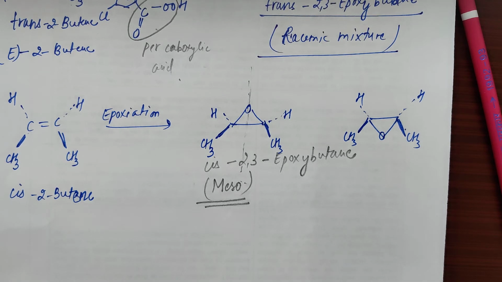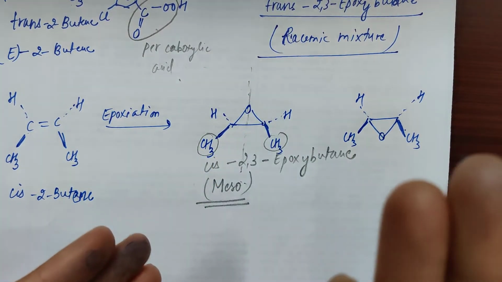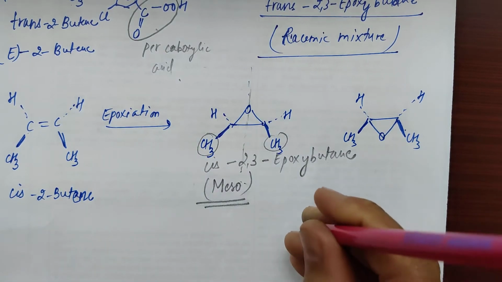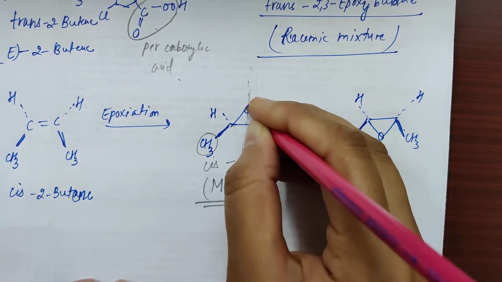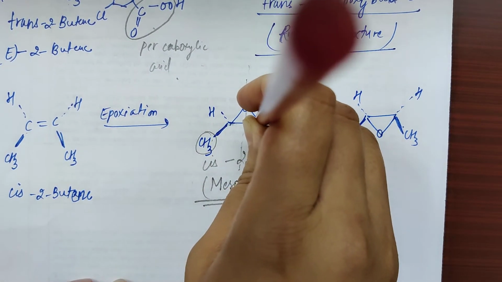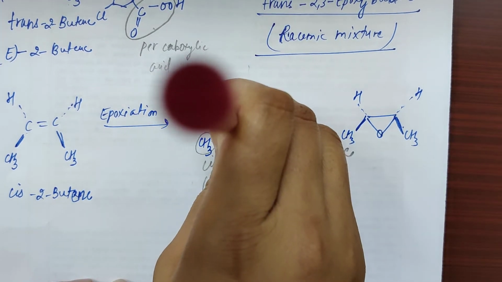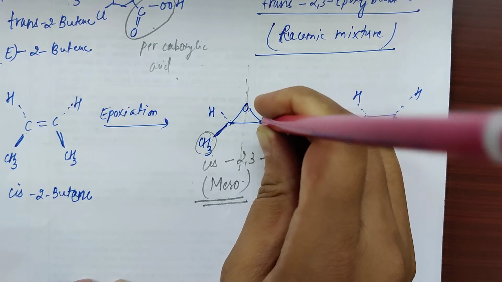Now what actually is happening is, these methyl groups are above the plane. You have this triangle on the plane of the paper. These two methyl groups are pointing like this, like pencils standing at a 90 degree angle above the paper.